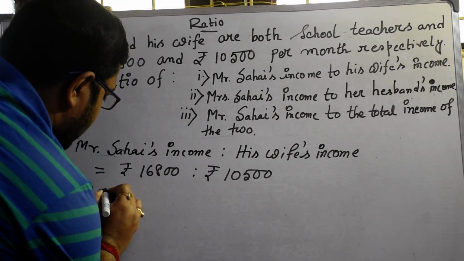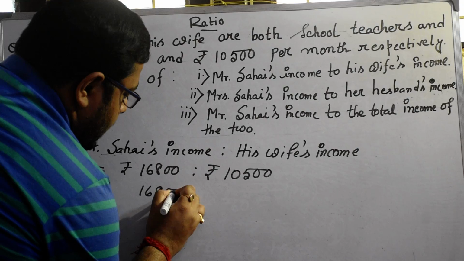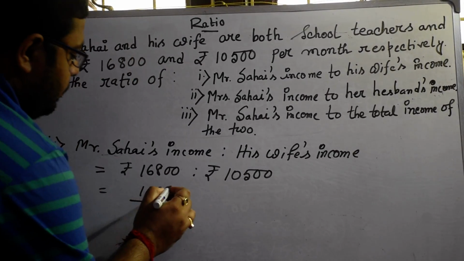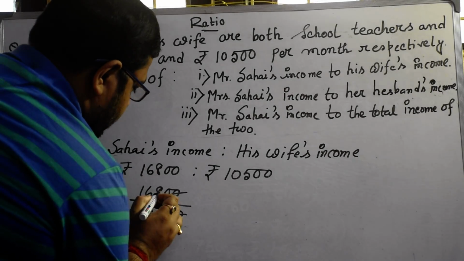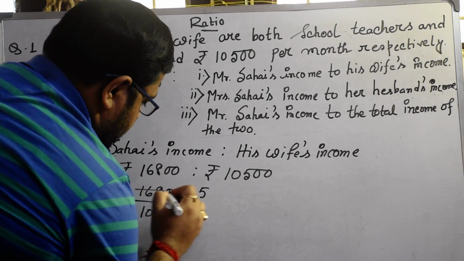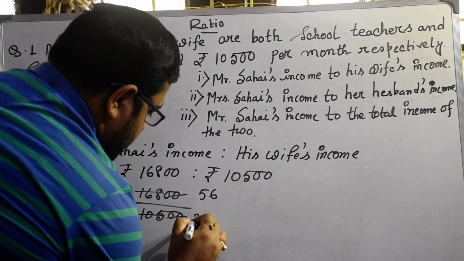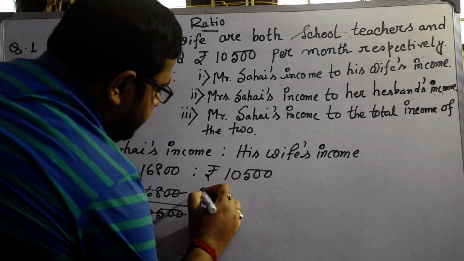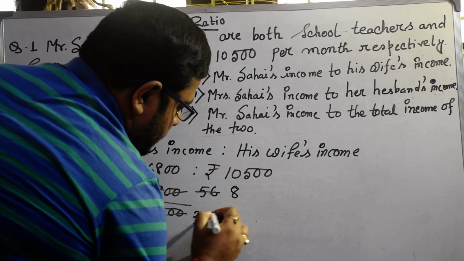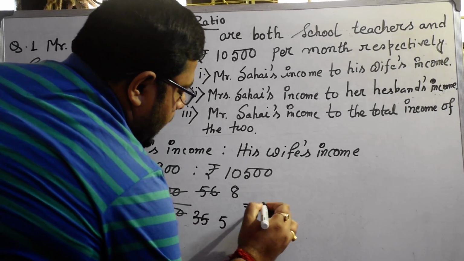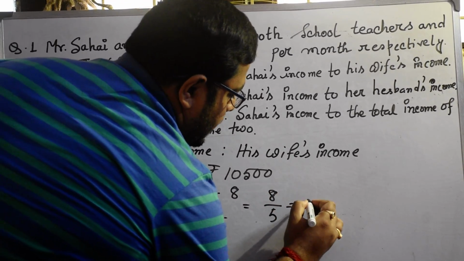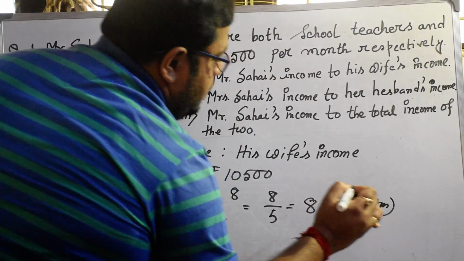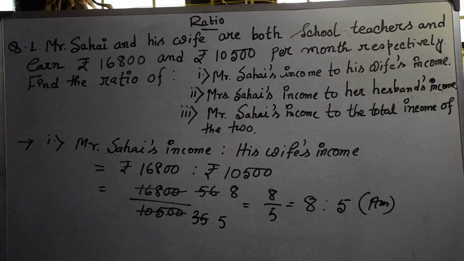So no problem at all. So 16,800 by 10,500. So 8 by 5, so the ratio equal to 8 is to 5. This is the first answer of the first part.